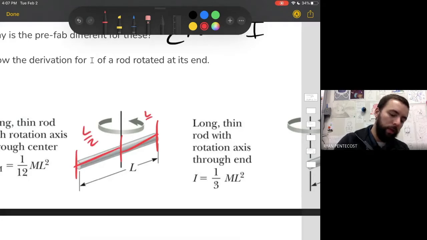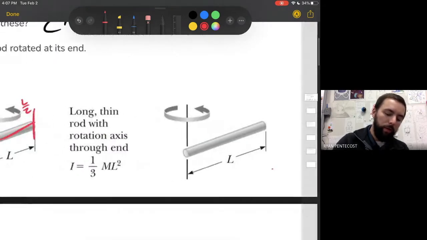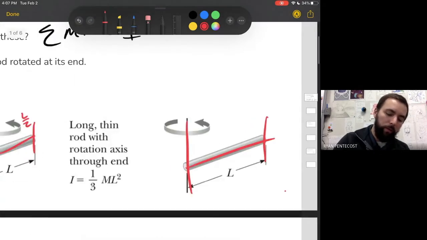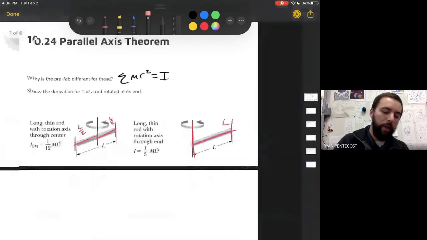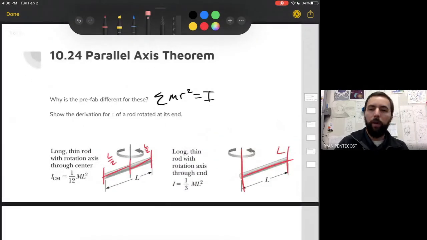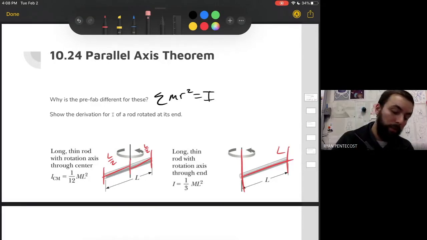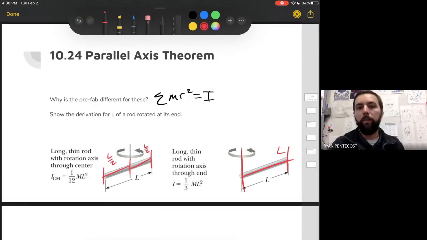But in this direction, you can have the full length available to you. So that allows you to have greater radius, and if you have greater radius, then you're going to have a greater moment of inertia.